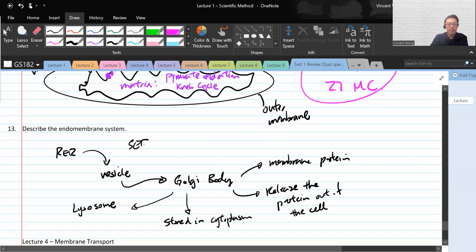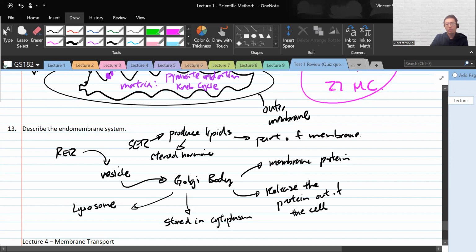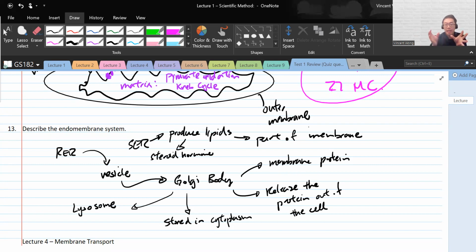Then we also have the SER, which produces lipids. The lipids could be a steroid hormone, or become part of the membrane, because phospholipids and cholesterol all go to the membrane. This is just a very condensed summary of the endomembrane system. For the detailed explanation, look at lecture 3.